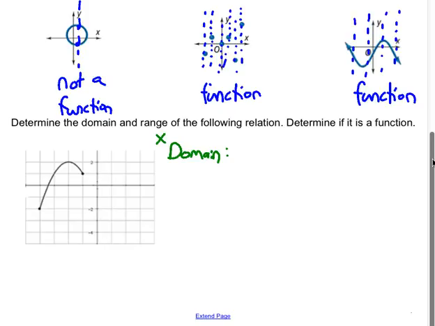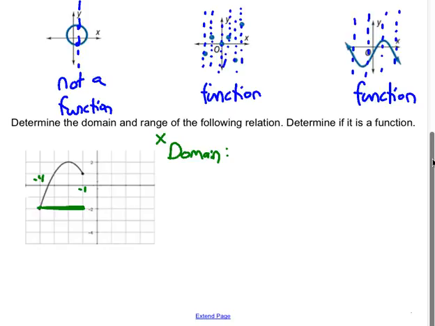Here, the function is starting here, and then in terms of x, it's going up to here. That green line basically is me just visualizing what x's are overall being used. So this would be starting at -4 and -1.